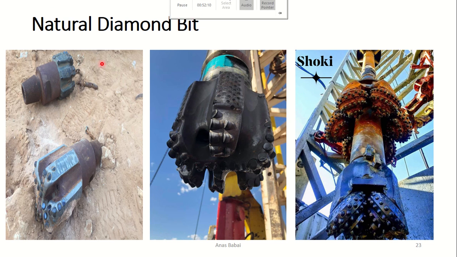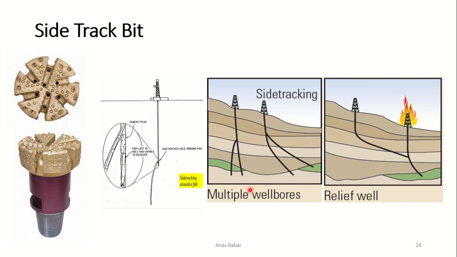This is a natural diamond bit. This is an overview of the types of diamond bit. This is the sidetrack bit, and this is the type of bit used for sidetracking. And sidetracking can be used in multi wellbores.